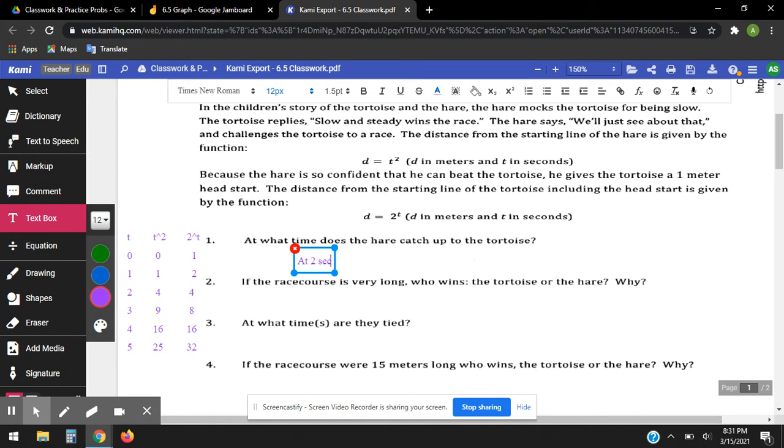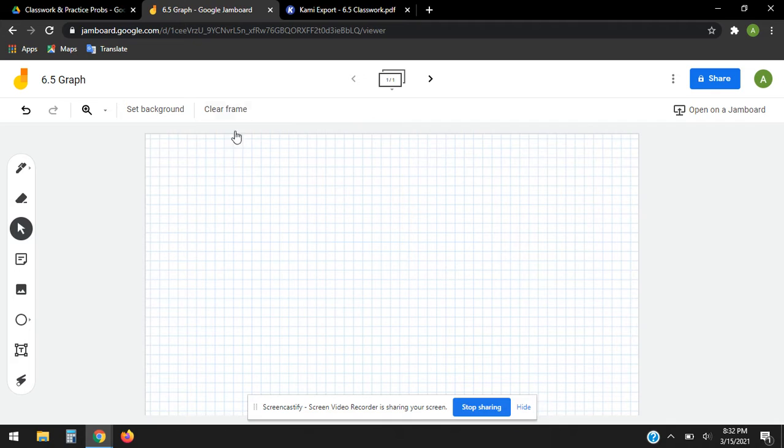At 2 seconds. If the race course is very long, who wins, the tortoise or the hare? Well, if we look at this one, it looks like the tortoise is going to get bigger. Let's go ahead and do our graph.